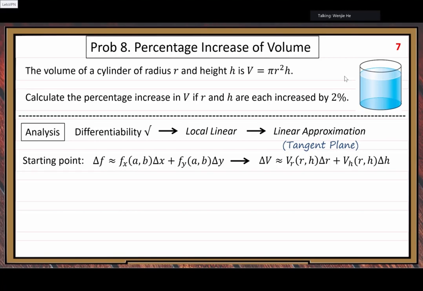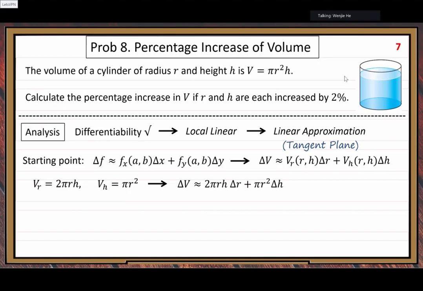We write a similar delta V formula, with two partial derivatives. The partial derivative V sub R is very easy: you treat H as the constant and take the derivative on R. Then the partial derivative on H, you get that. Now you go back to this one: delta V is approximately equal to the two partial derivatives.